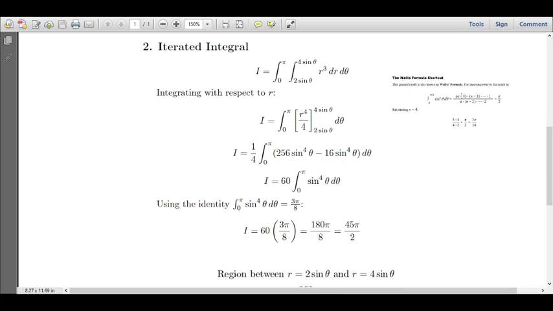In the denominator 4 into 2, and in the numerator 4 minus 1 is 3 into 4 minus 3 is 1. So 3 into 1 by 4 into 2 into pi by 2, which becomes 3 pi by 16.